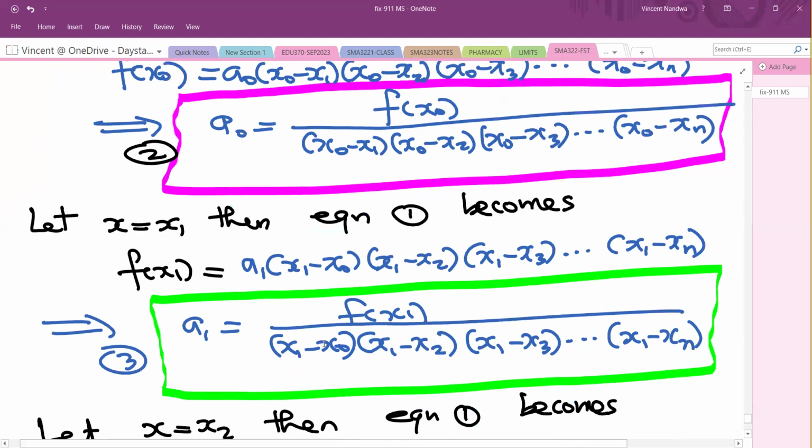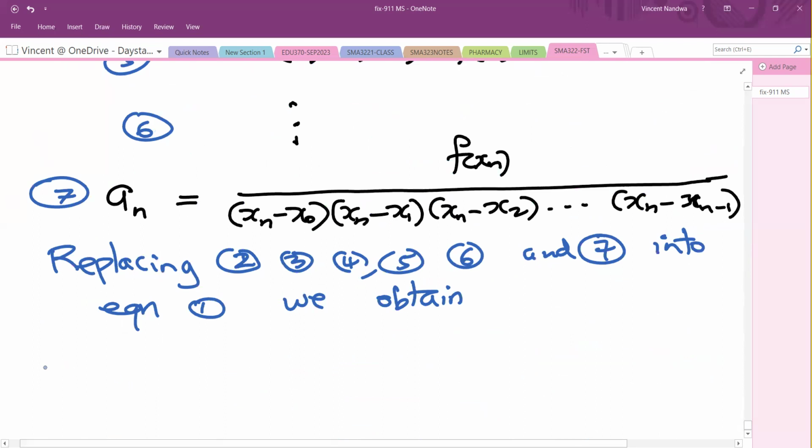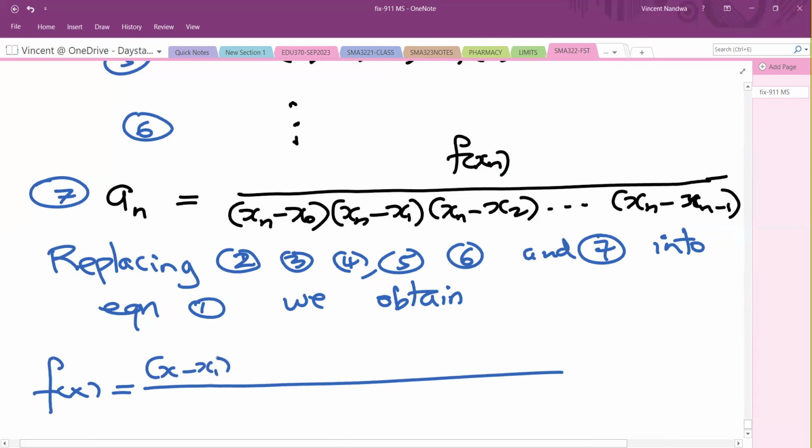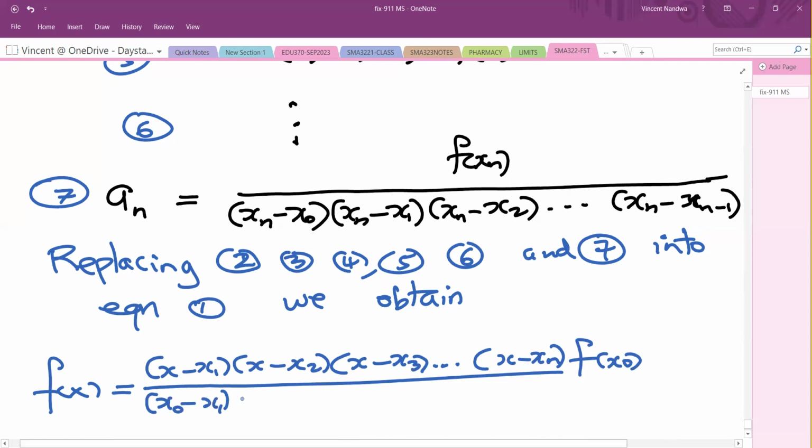So when we do this replacement, f of x will be given by: first term will be x minus x1, followed by x minus x2, followed by x minus x3, all the way up to x minus xn, then you multiply by f of x naught divided by x naught minus x1, x naught minus x2, x naught minus x3, all the way up to x naught minus xn.